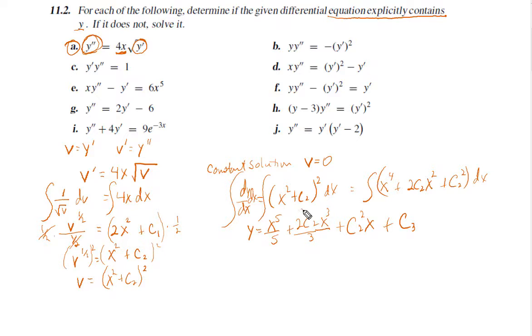Now, since these two things don't exactly match, we can't just replace either one of those with a new constant. So this does actually give us new constants. So here we have x to the 5 over 5, this is going to be a 2/3, and then this constant x cubed, and the same constant squared x, and then our new constant.